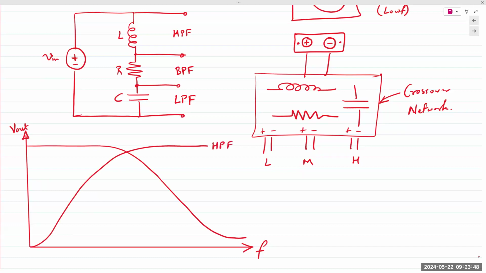So high pass, low pass. And right in the middle, if I take this as 0.707, 0.707 times V in, it intersects both at their respective cutoff frequencies or break frequencies, right?